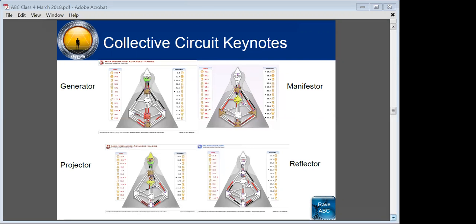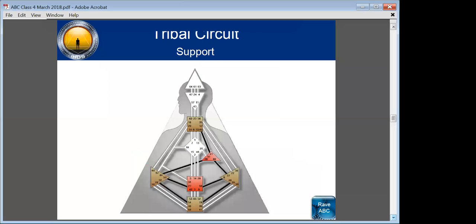So we have another circuit, tribal, support. And this one's an interesting one. If you're trying to remember what the pattern of tribe is within the body graph, I guess you have to associate it with something that you can remember.